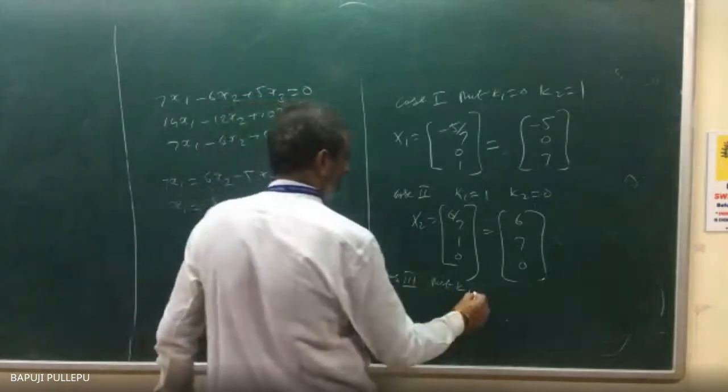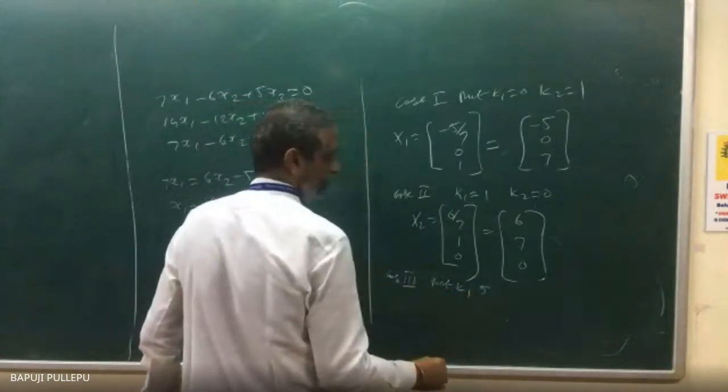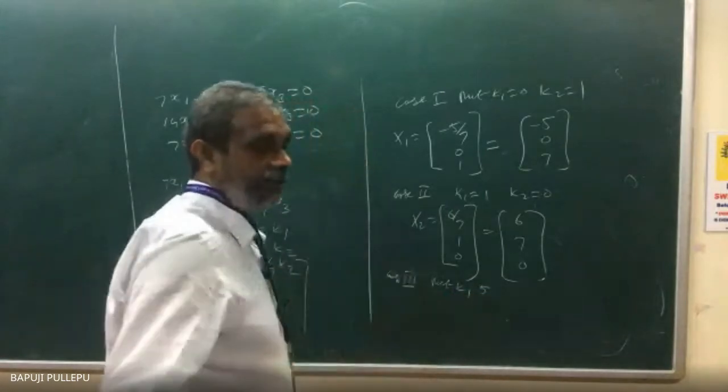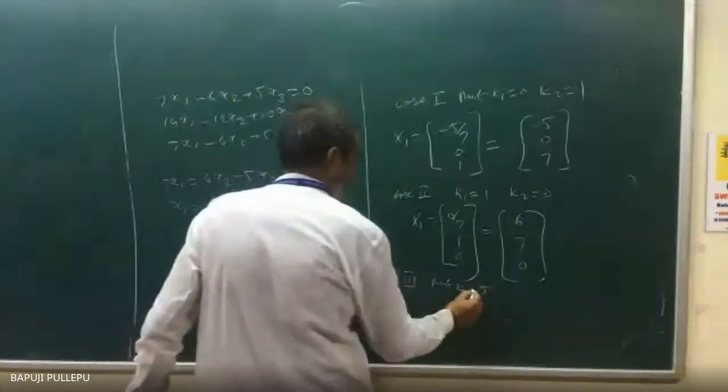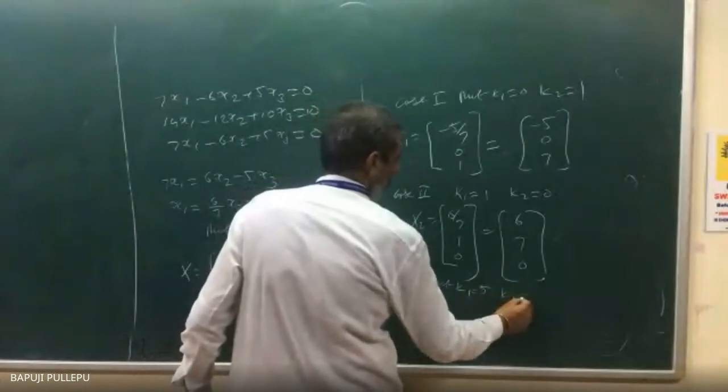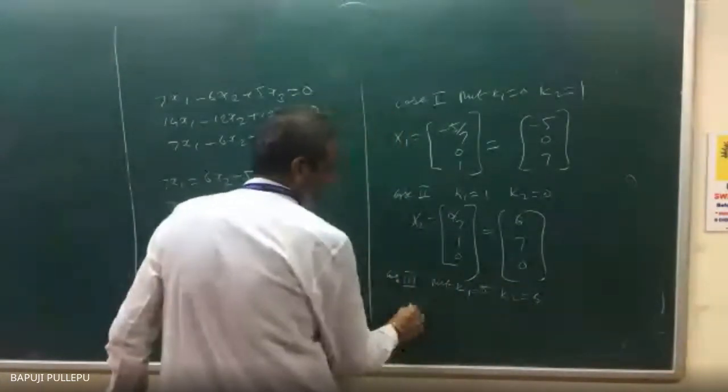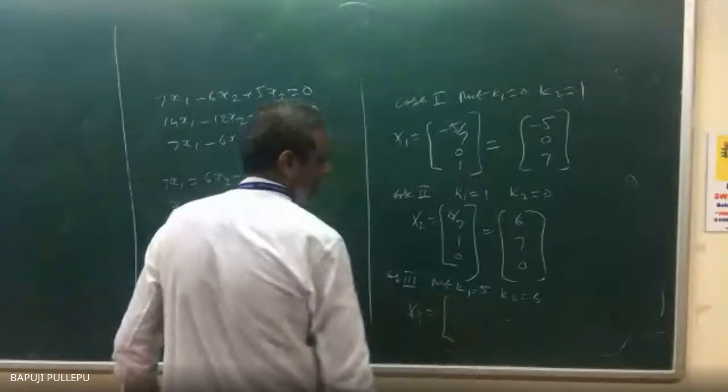K1 is equal to what? 5. Finally, you have to multiply by 7 if you take that method, but that is also a good idea. K2 is equal to what? 6. Now, my x3 is what? Tell me. 0, 5, 6.